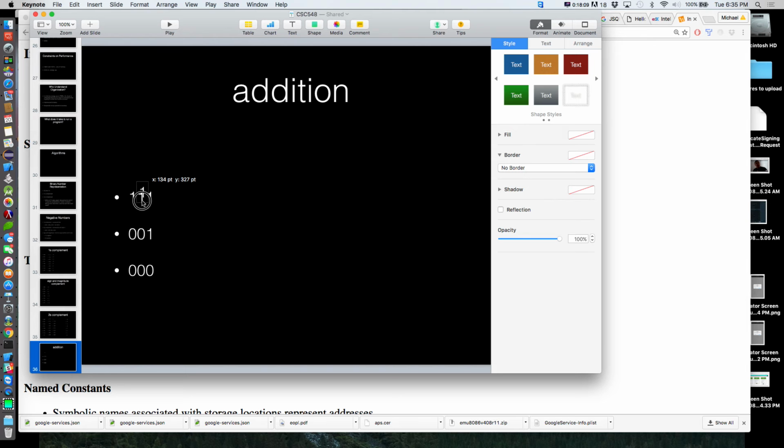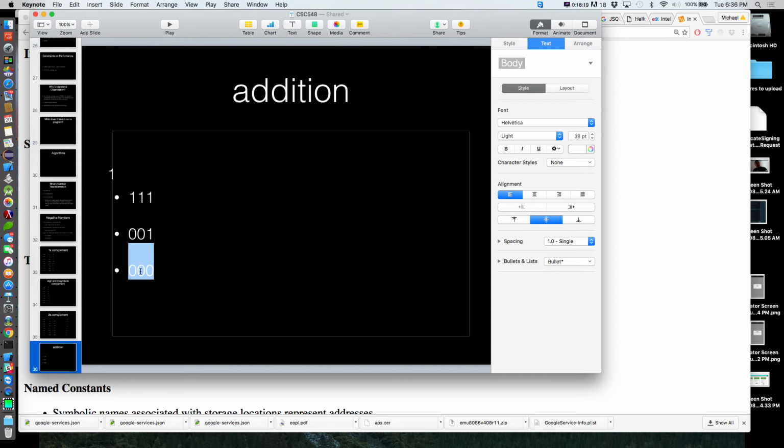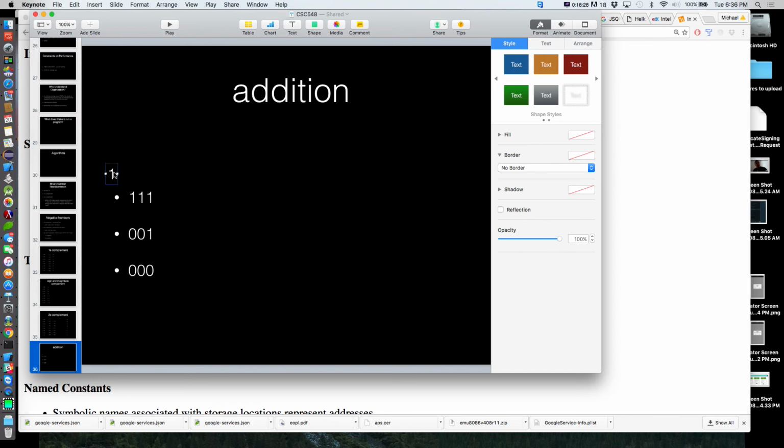One plus 0 is 0, carry the 1. 1 plus 1 plus 0 is 0, carry the 1. So here is the 2's complement version of the 1's complement 1, 1, 1. But we have a carry bit here. That make sense?